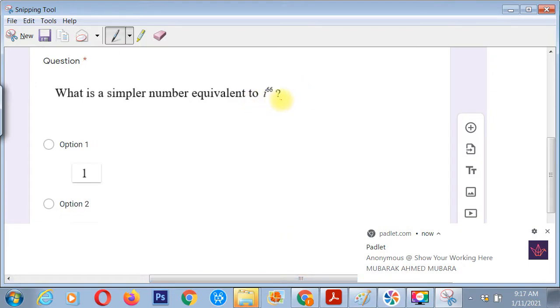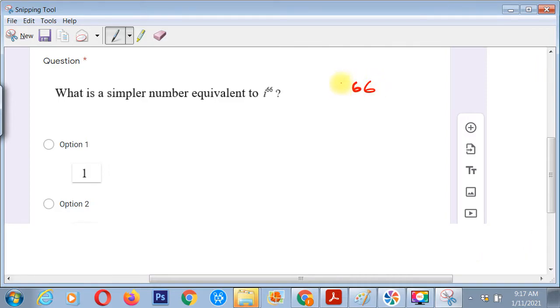So you see my sharing about the video on how to solve higher powers of the imaginary i. We just need to divide 66 by 4 and see what the remainder is.